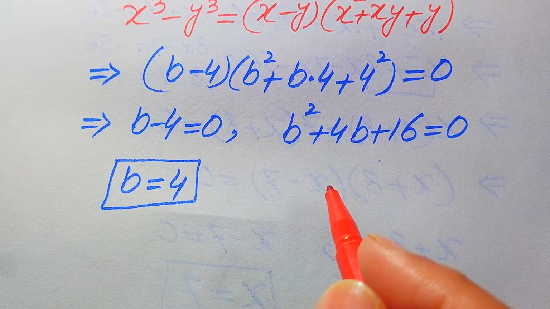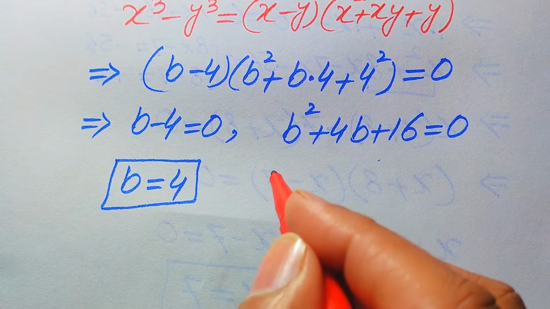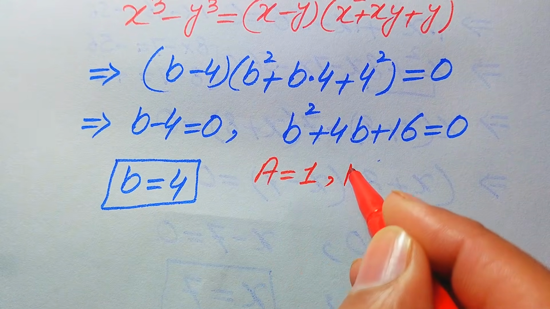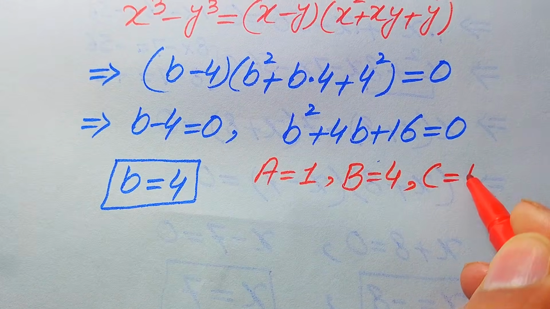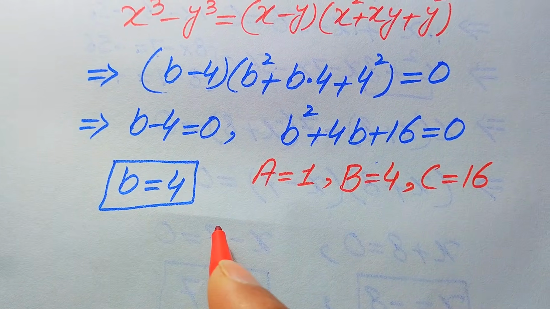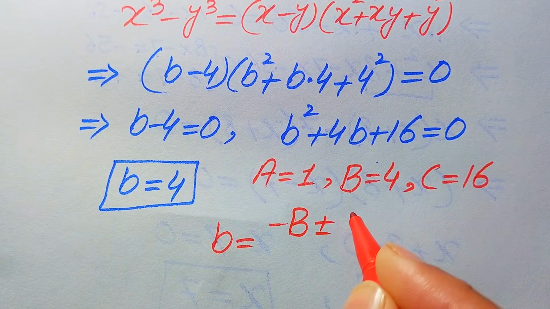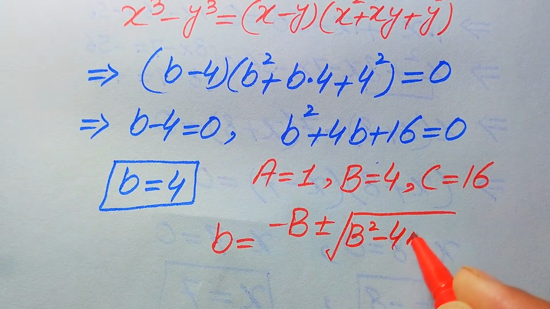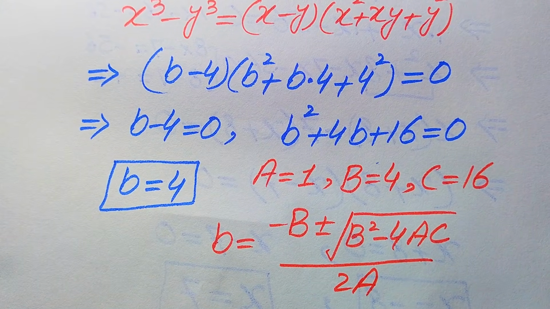So here we apply the quadratic formula, and for this we write the coefficients of this equation: a equals 1, capital B equals 4, and capital C equals 16. Then we state the quadratic formula as b equals minus capital B plus minus square root of B squared minus 4AC, divided by 2A.